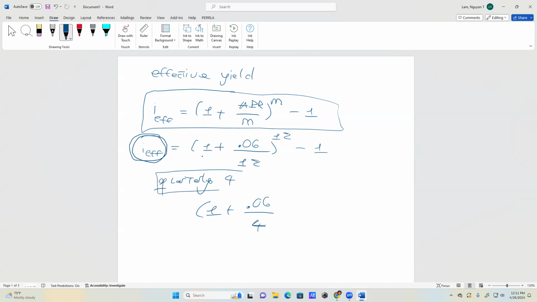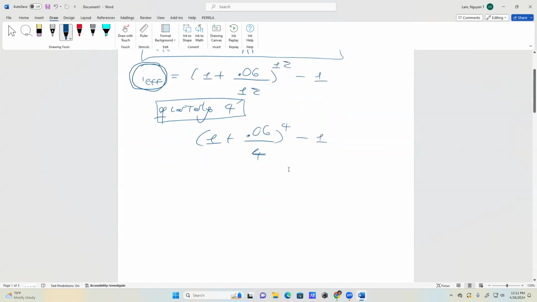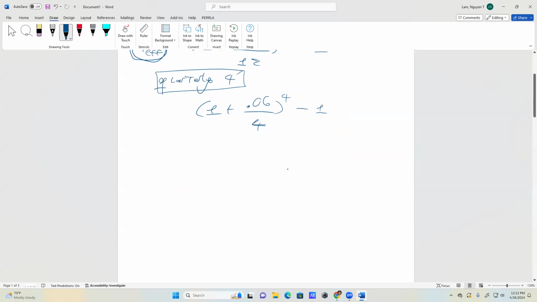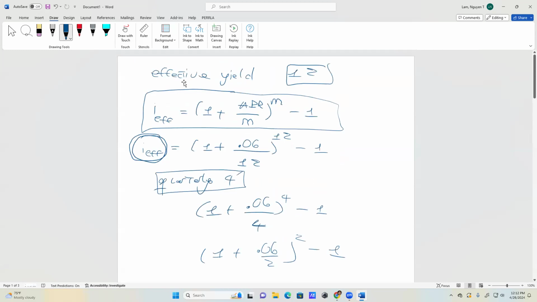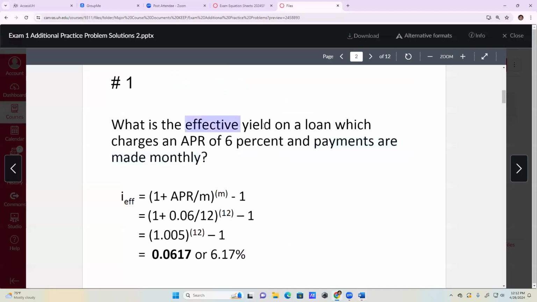So quarterly means 4, monthly means 12. And raised to what? The same thing, 4, minus 1. If it says semi-annually, then you divide by 2, raise to 2, minus 1. So watch out for that term, effective yield.